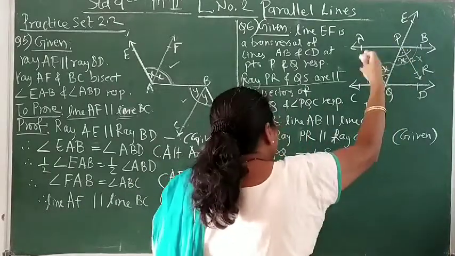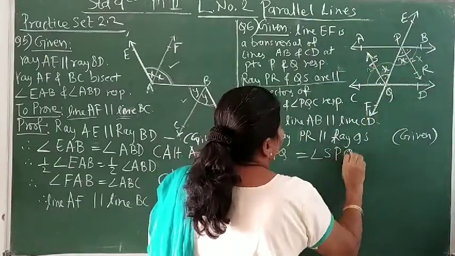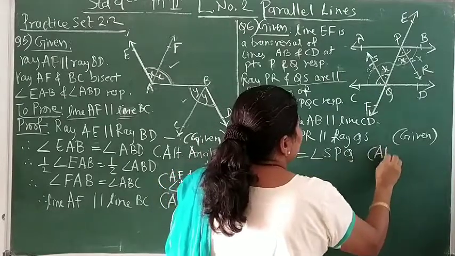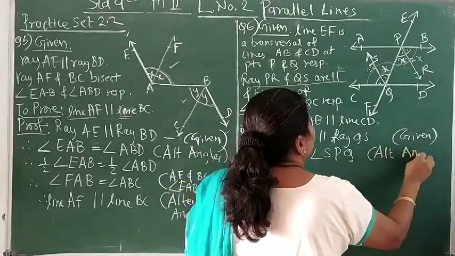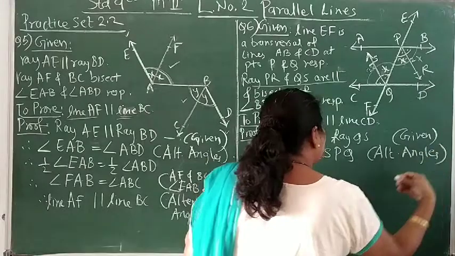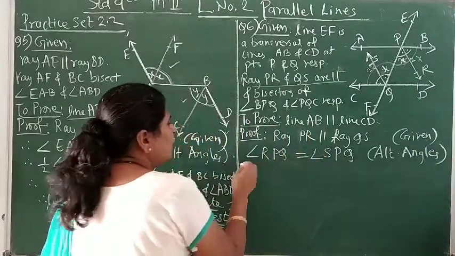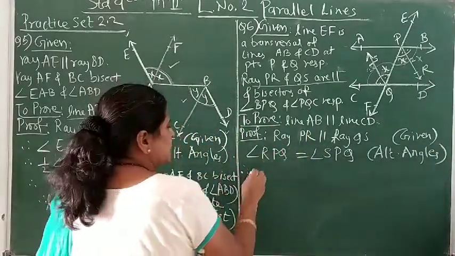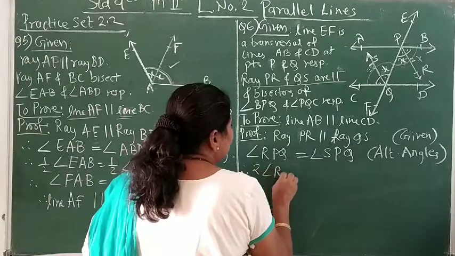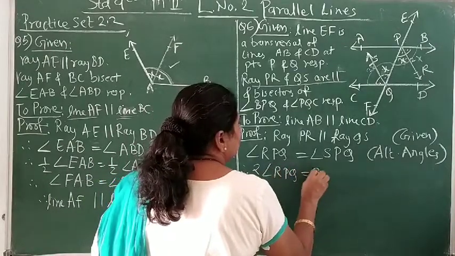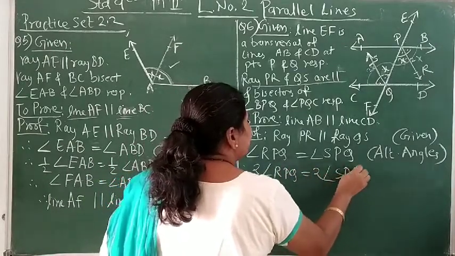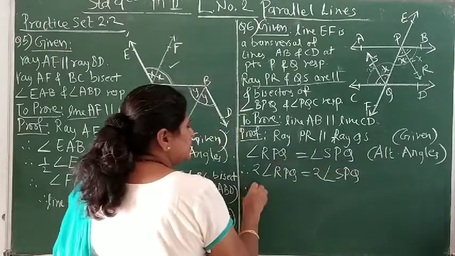The reason is that lines are parallel, therefore alternate angles are equal. Now let's multiply by 2 on both sides. Therefore 2 times angle RPQ is equal to 2 times angle SQP.